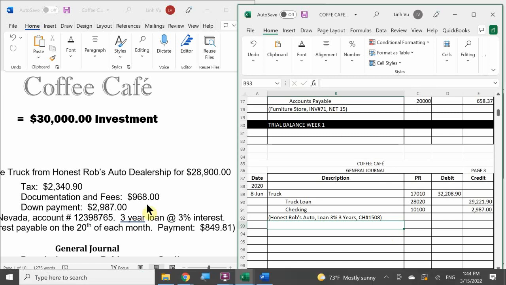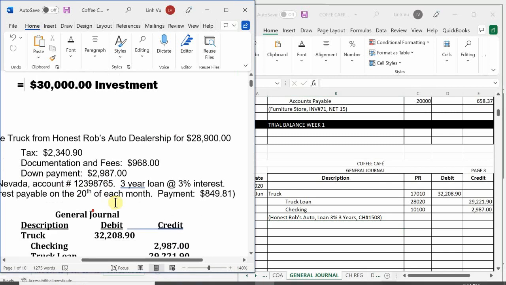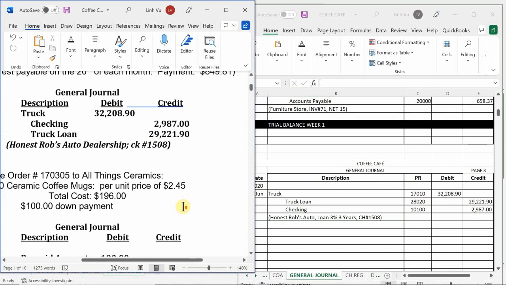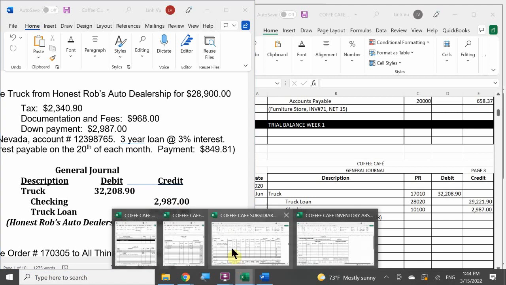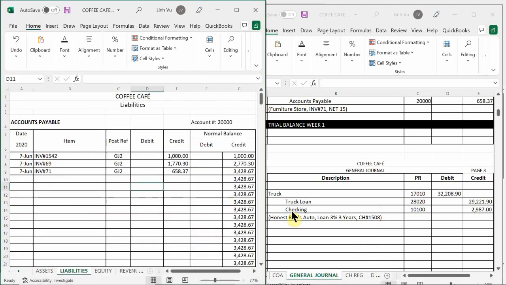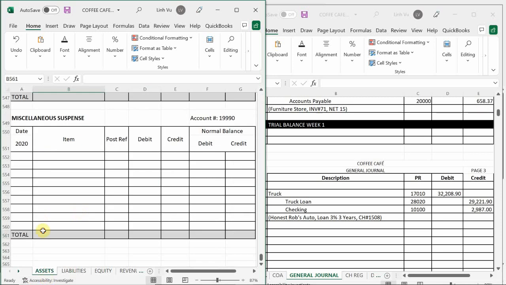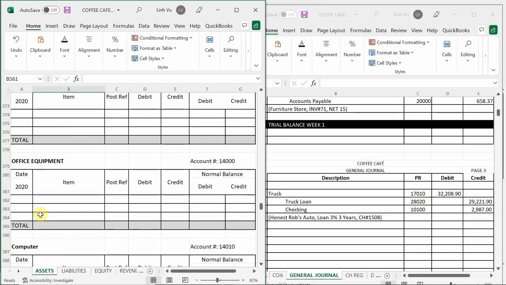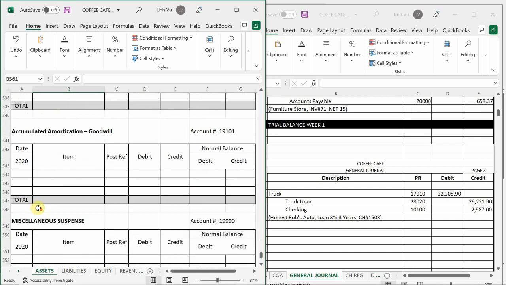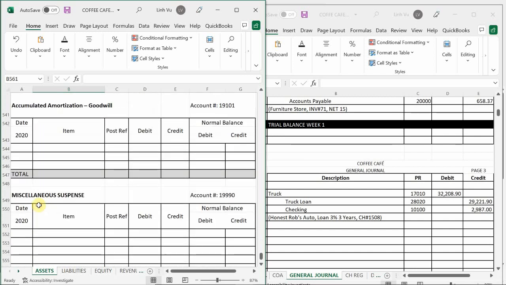So now I need to go ahead and record this in my ledger. In this case, I acquired a truck, which is an asset. Okay, so the asset here is going to be a vehicle. Vehicle should be towards the bottom of this.